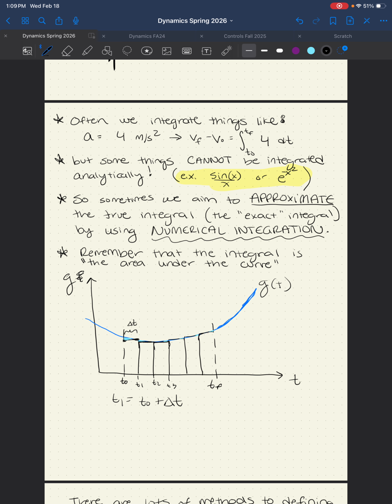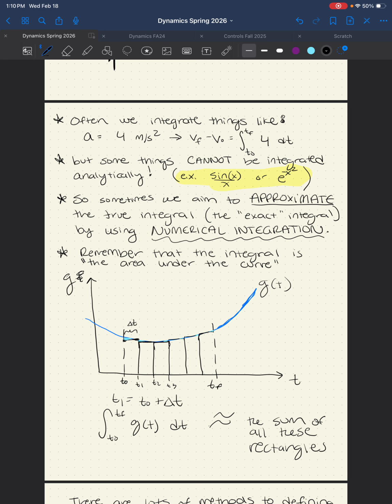Okay, so what we're going to say is the integral from t0 to t final of g of t dt is roughly equal to the sum of all these rectangles. And they're not infinitesimally small anymore.